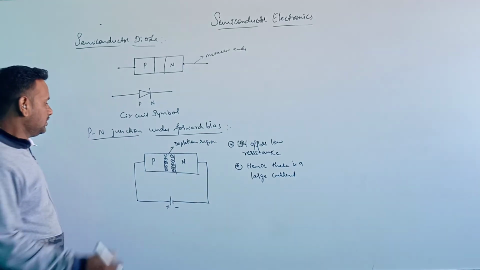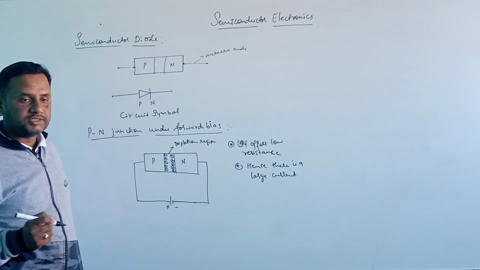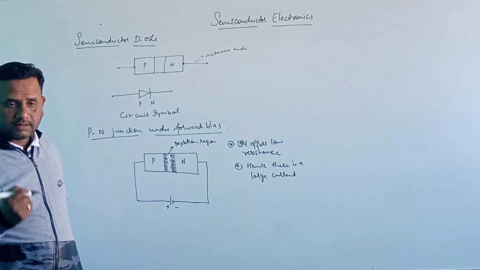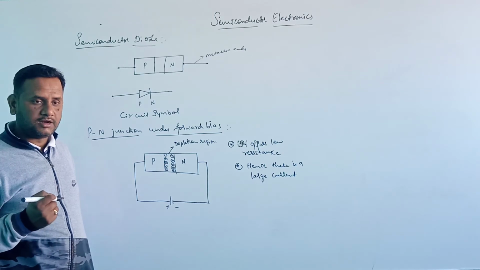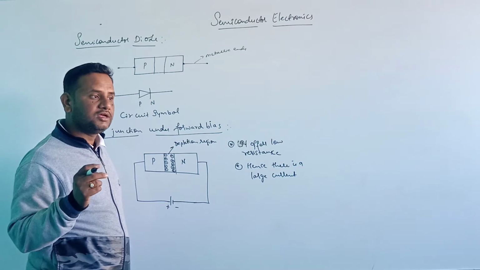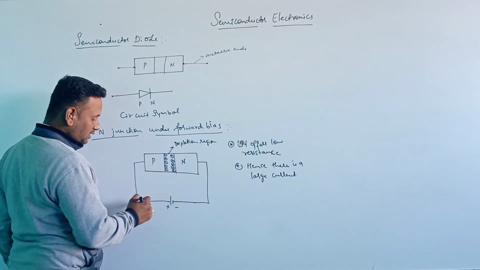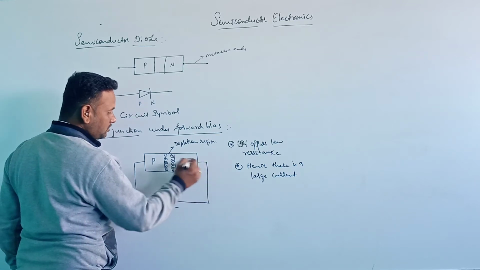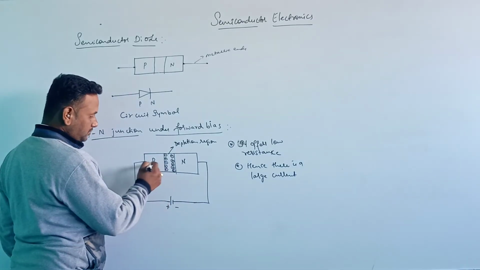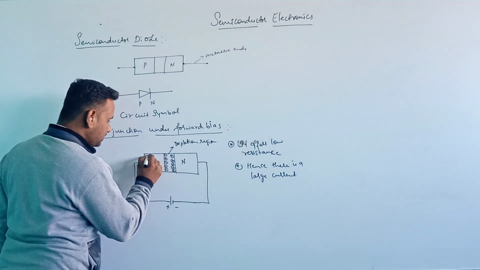As we know, the P-type semiconductor has majority charge carriers that are holes, and the N-type has majority charge carriers that are electrons.